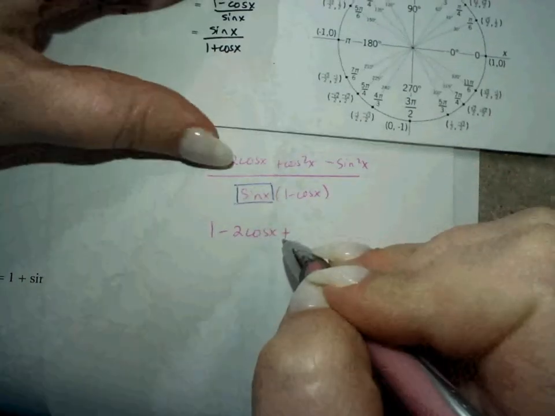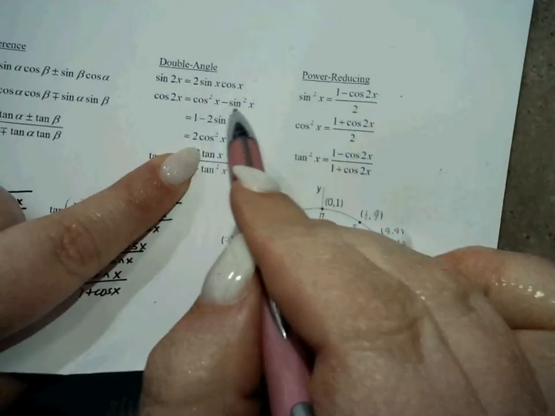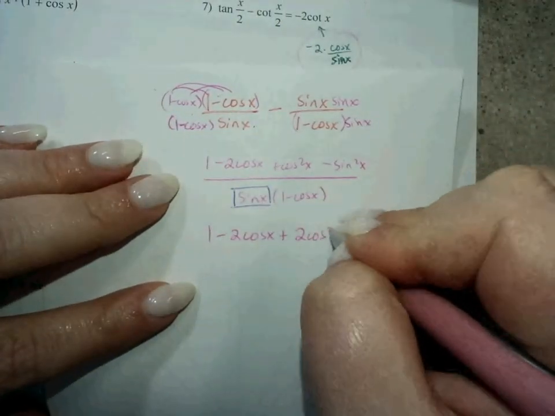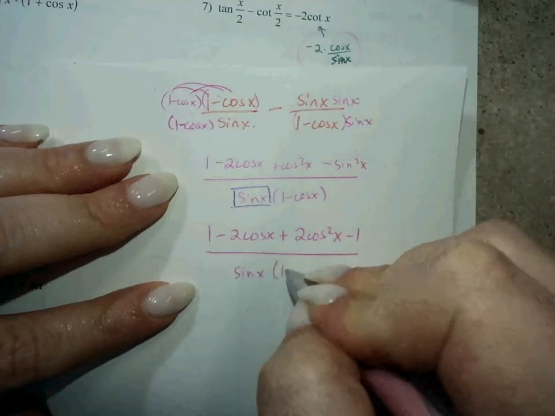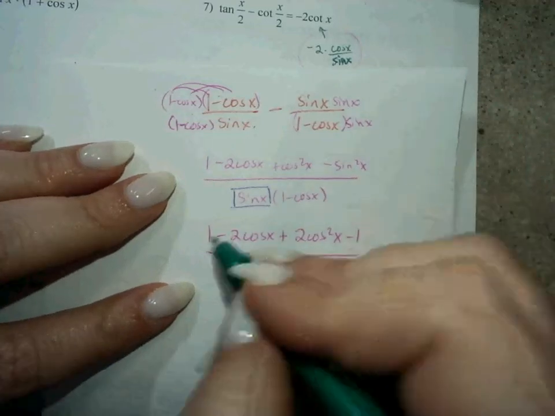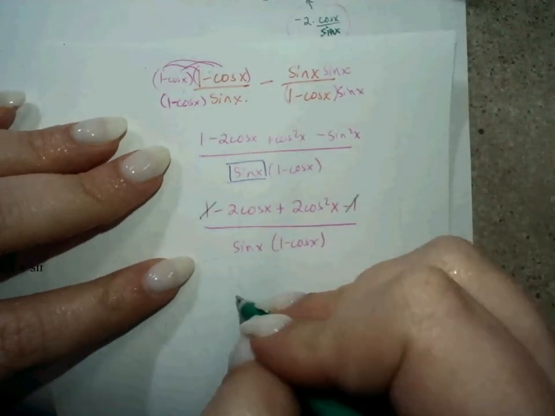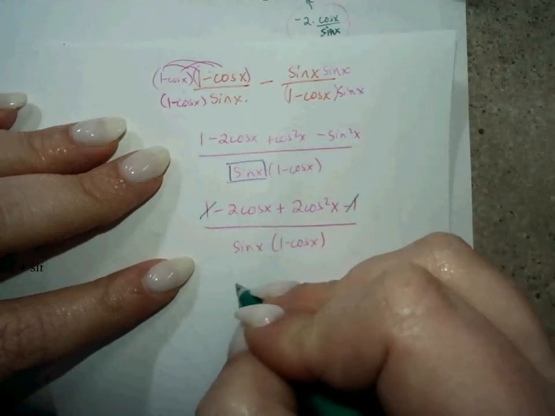So I've got 1 minus 2 cosine plus my 2 cosine squared minus 1, which I'm replacing from that. So 2 cosine squared minus 1 over sine times 1 minus cosine. And then I can see 1 minus 1, those go away, and I'm left with, I'm going to go ahead and put these in order.